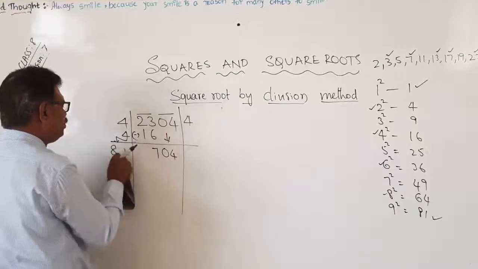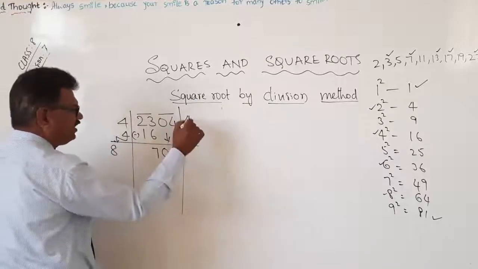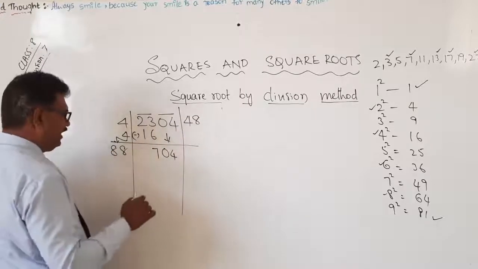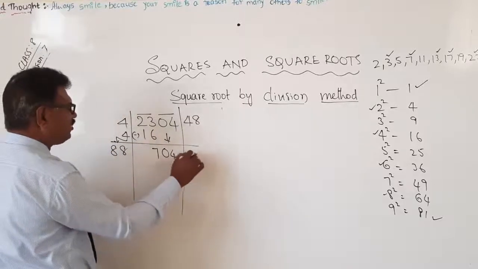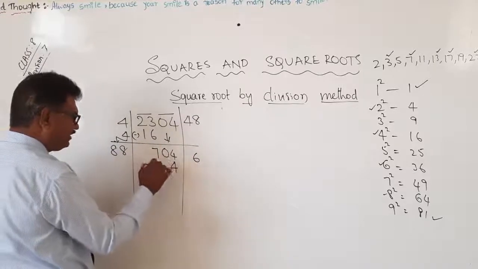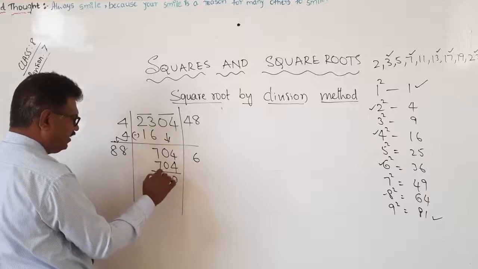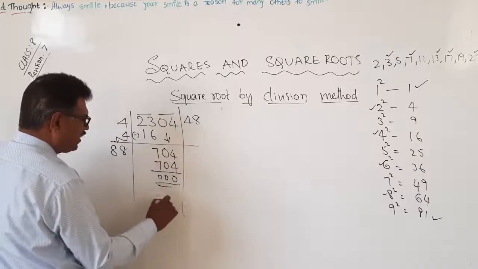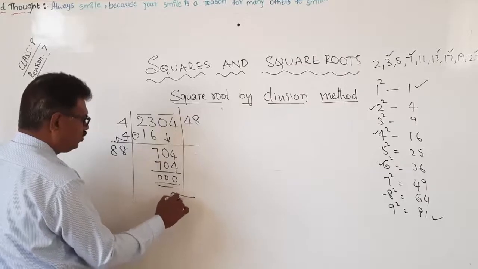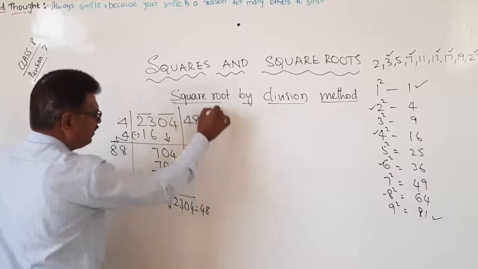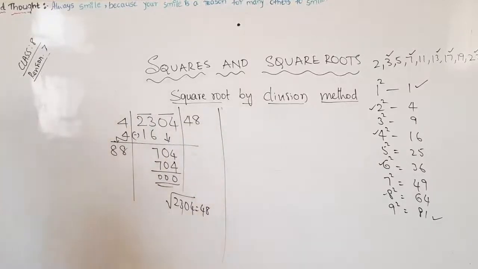Therefore 2 is not correct, so what will be the next number? 8. Here also 8. 8 into 8, 64. 6. Again 8 8s are 64. 64 plus 6, 70. Over. Therefore, square root of 2304 is nothing but 48. Okay? Yes. Next number.